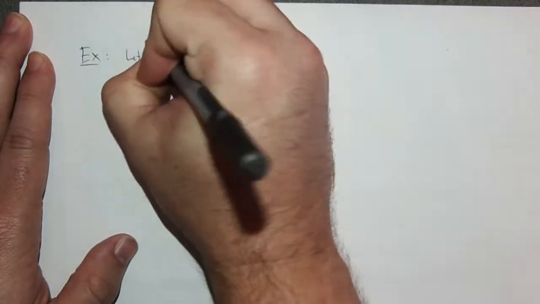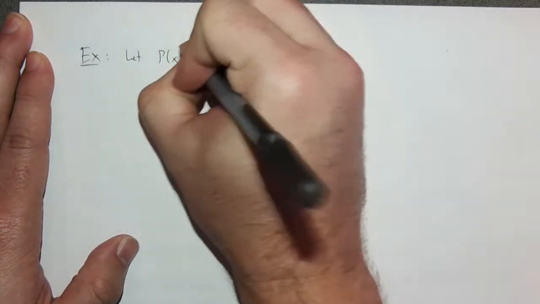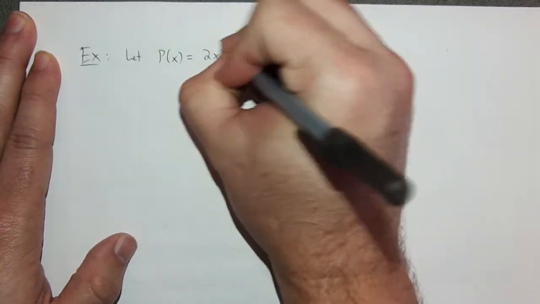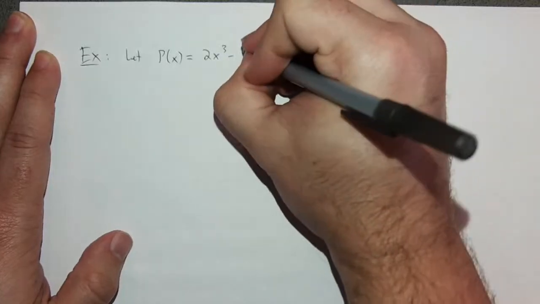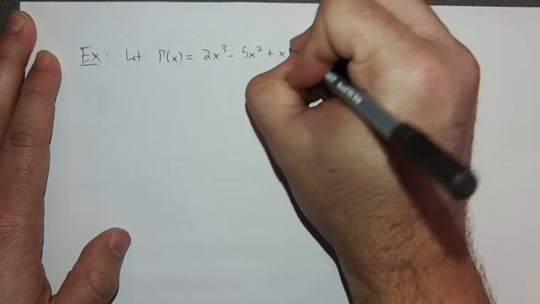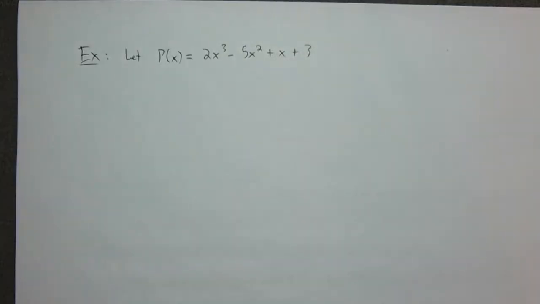Let p of x be 2x cubed minus 5x squared plus x plus 3. Okay, so I look at this thing and say, just looking at it directly and thinking for 2 seconds, I don't really see an obvious root of this thing. What are the possible rational roots?